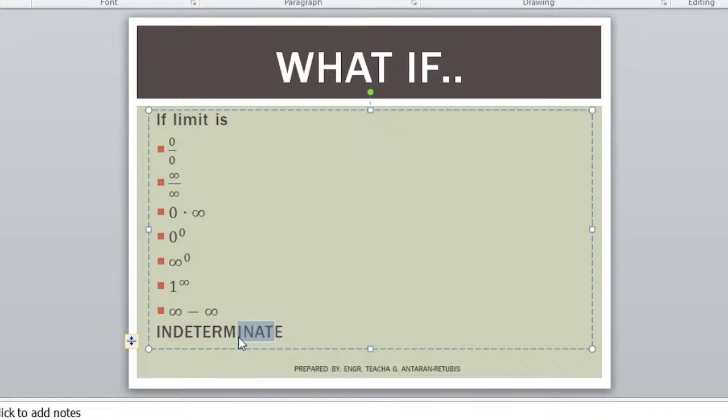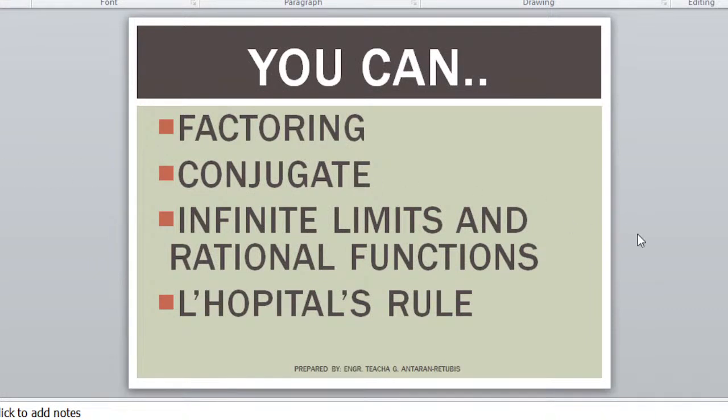Now, recall or remember that if eto yung magiging result natin, there's lots of ways or methods that we can use. We can factor. Are you familiar with factoring?